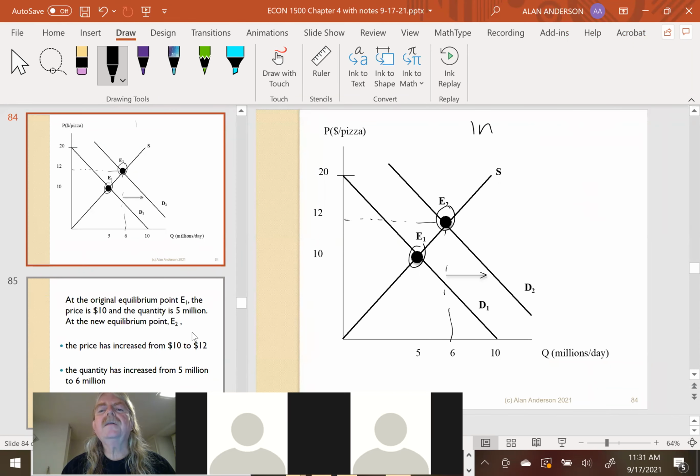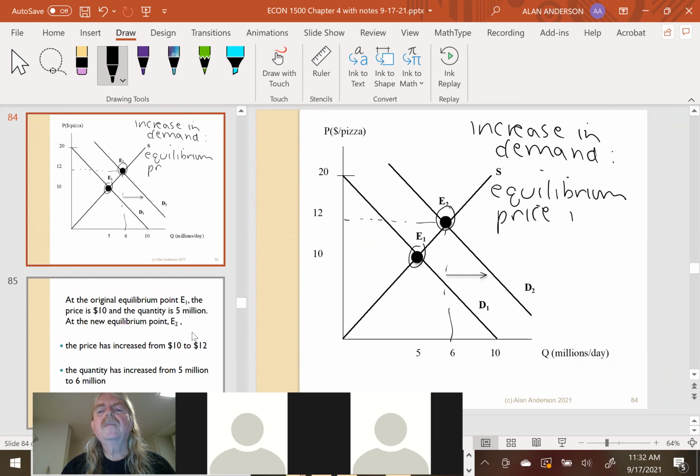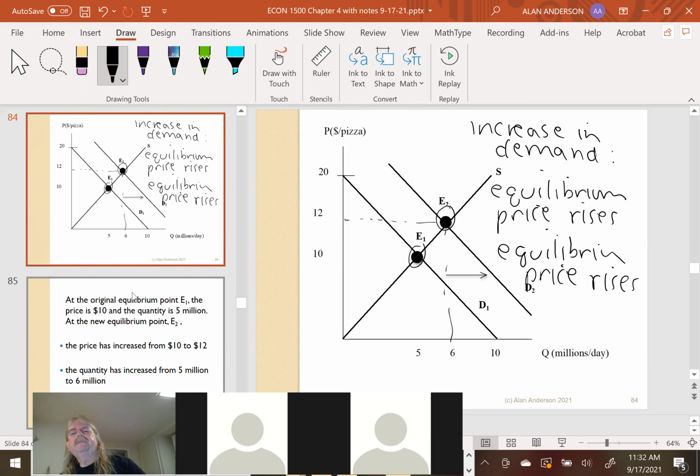So an increase in demand has 2 impacts. Equilibrium price rises. Equilibrium quantity also rises. Okay. And if you forget, just draw the picture. Just find the new intersection point and you're all set.